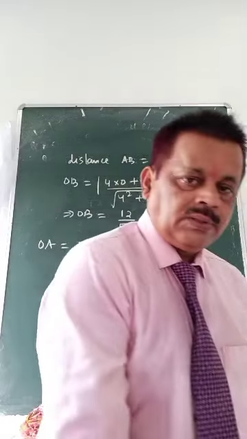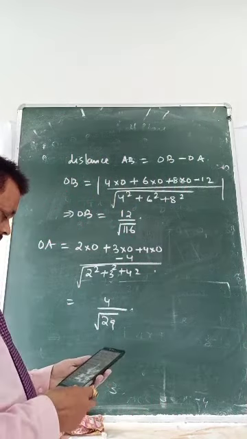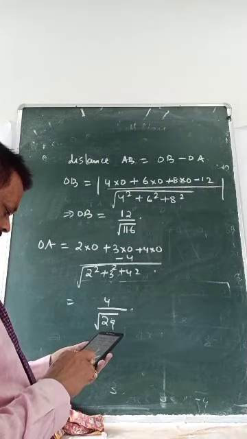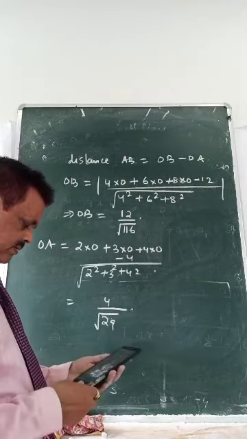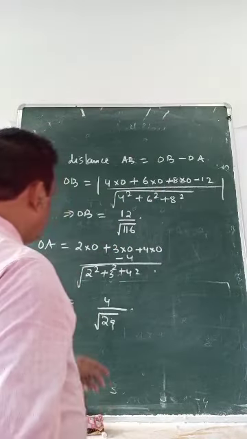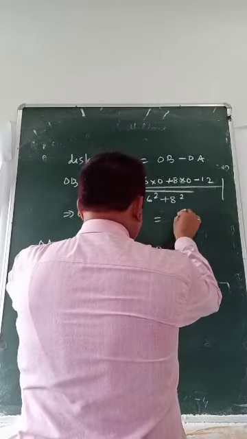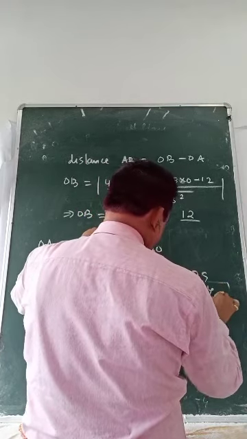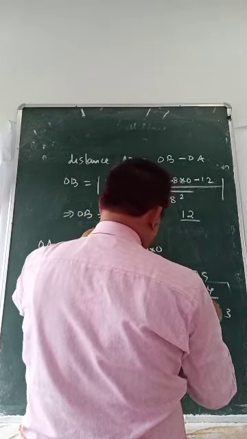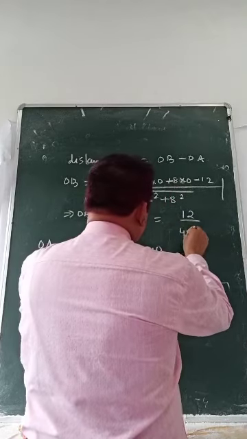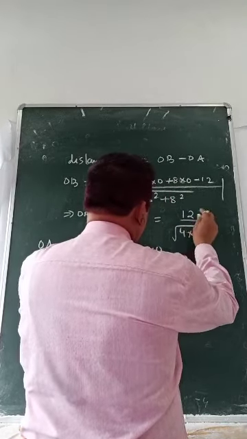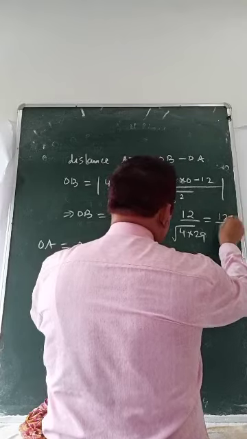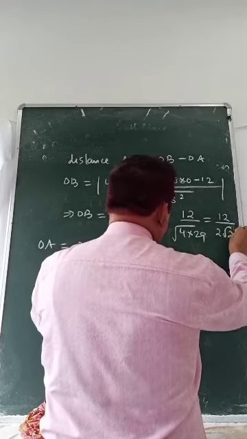Okay, so subtract. If I simplify, how much will I get? 4 into 29 root, that is 12 by 2 root 29.